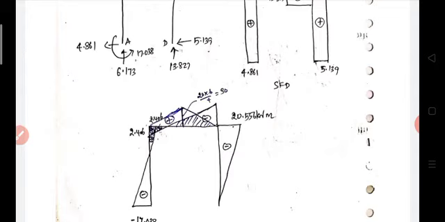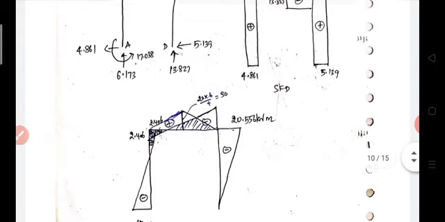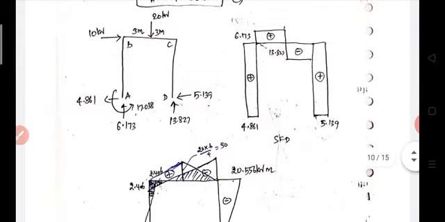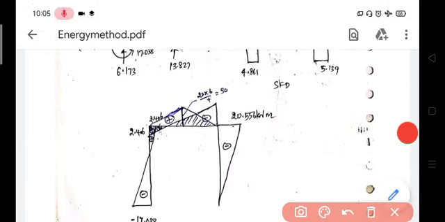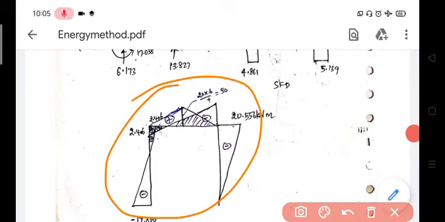Indeterminate structures are subject to both hogging moment and sagging moment in combination. Most of the joints are subjected to both. So for this we may use the superimposed bending moment diagram like this.